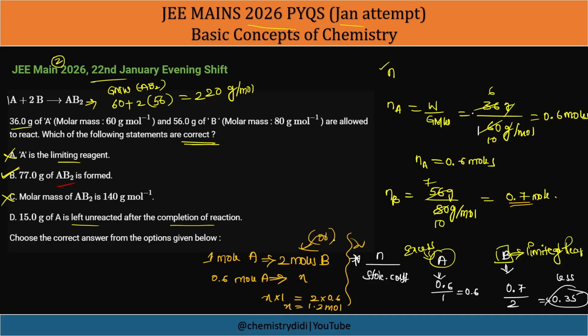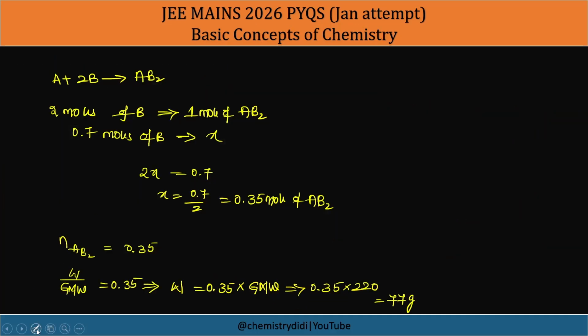So how do we need to check? Let's see. Here we have this equation, right? So we are solving for the next statement. From this statement, what can we write? 1 mole of A reacts with 2 moles of B, right? Now we don't know how many moles of A got reacted, but we know how many moles of B got reacted: 0.7 moles.